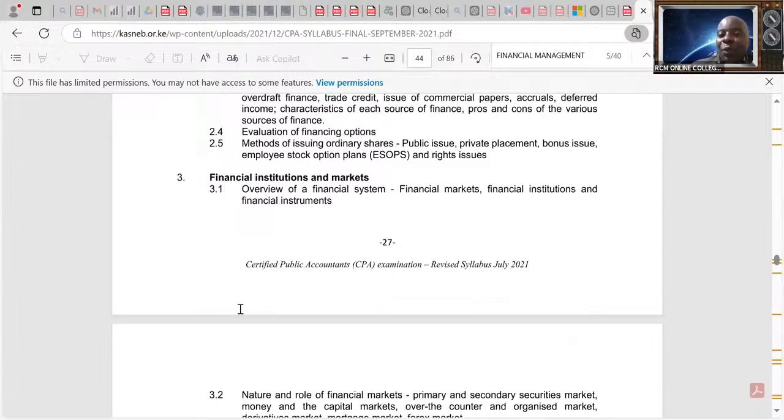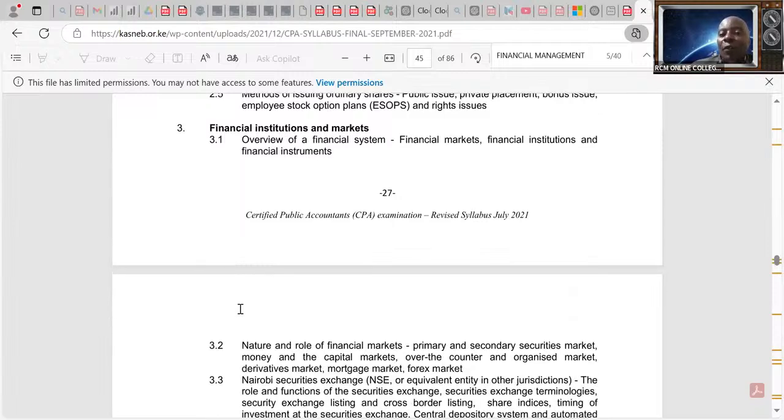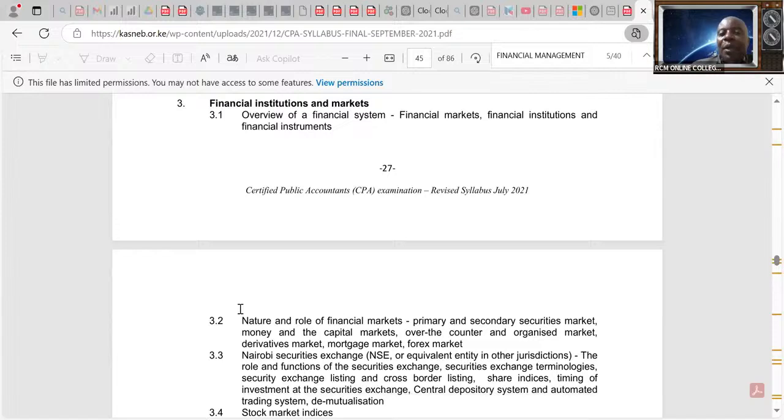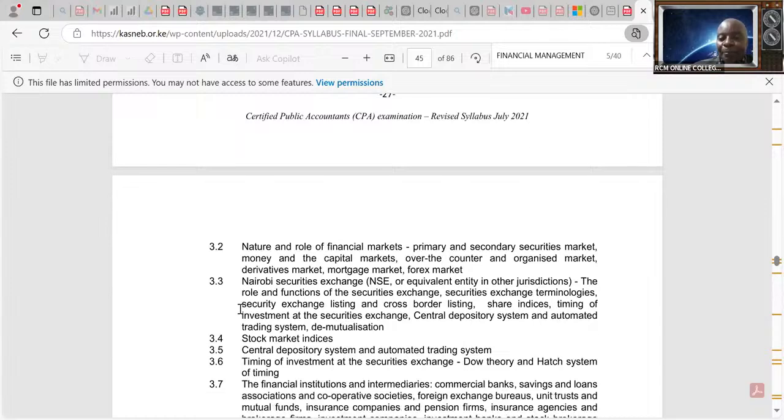So today we are doing topic number 3, financial institutions and markets, overview of a financial system, financial markets, financial institutions, and financial instruments. 3.2, they want us to look at the nature and role of financial markets, both the primary and the secondary securities market, money market and the capital markets, over-the-counter and organized market, derivatives market, mortgage market, forex market.